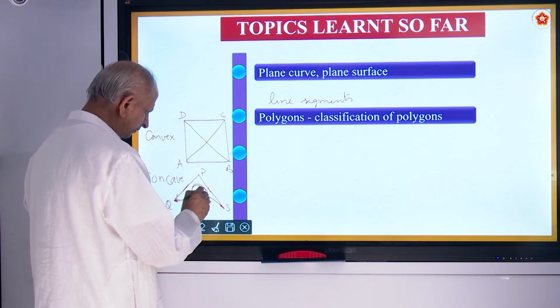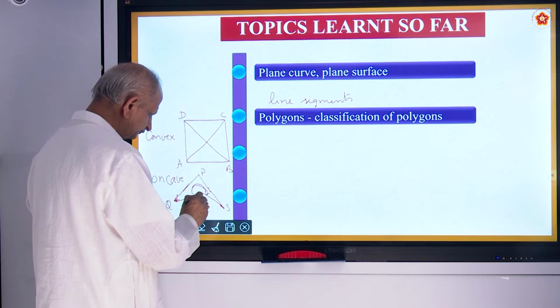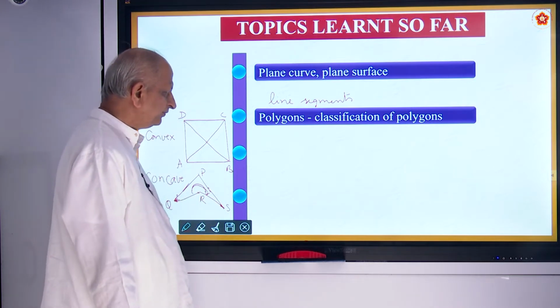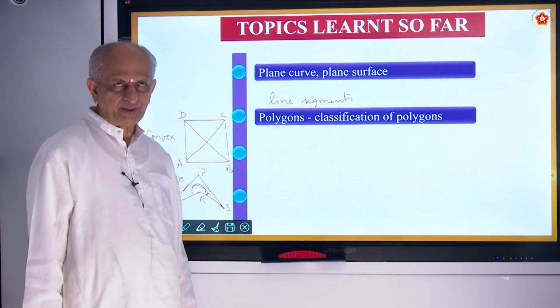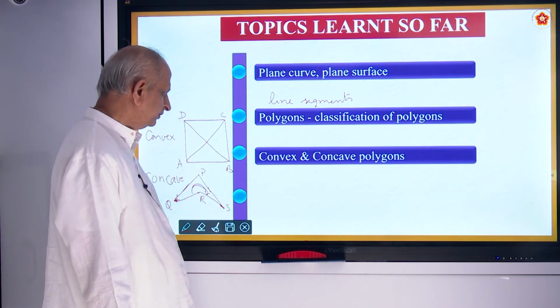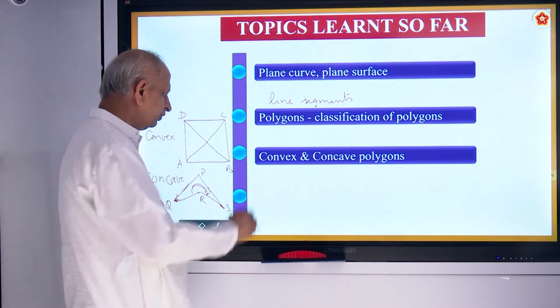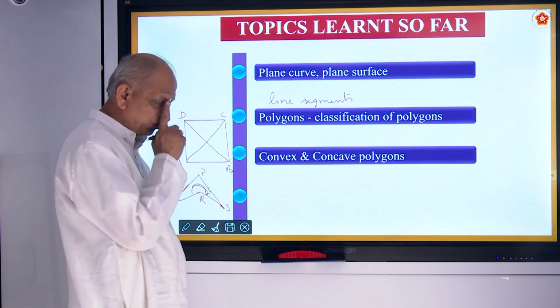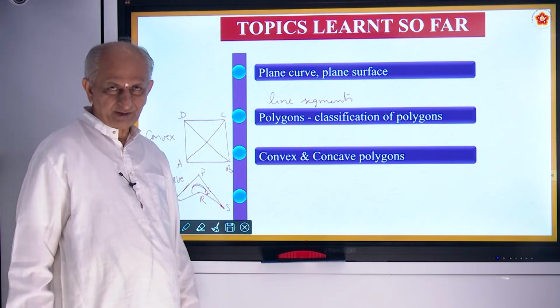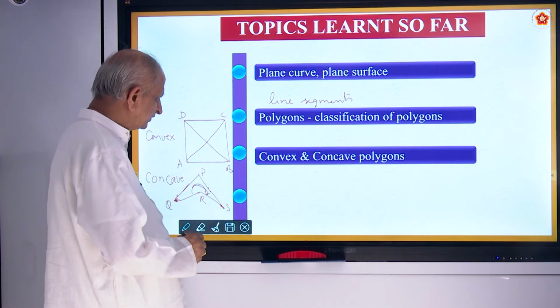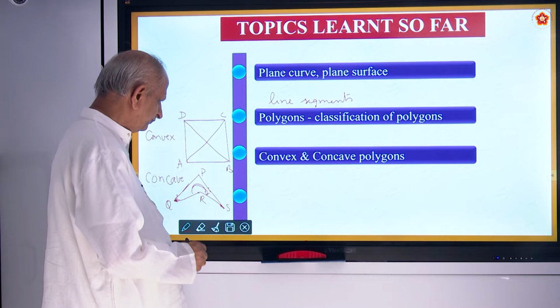So this angle will be more than 180. It is called reflex angle. So these are the 2 types of polygons we come across in our daily life. It need not be only 4 sided, it may be 5 sides, 6 sides and so on. There also we get convex and concave polygons.